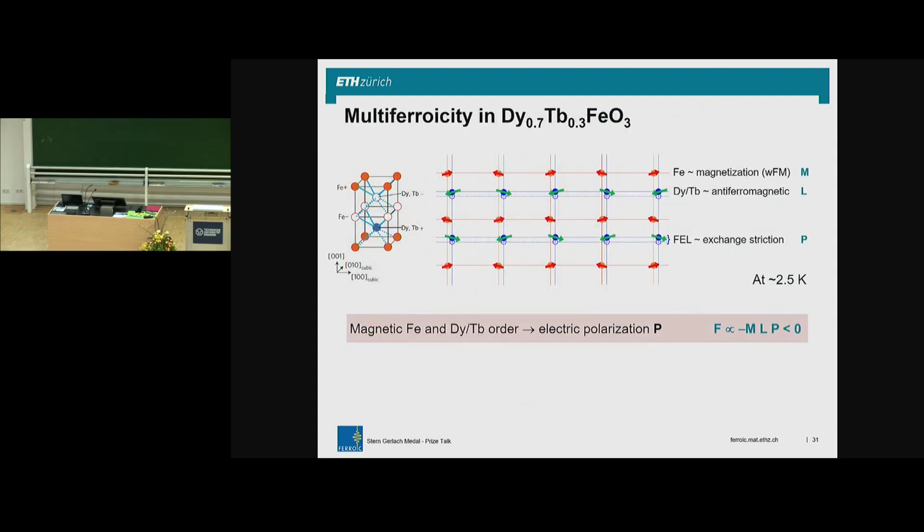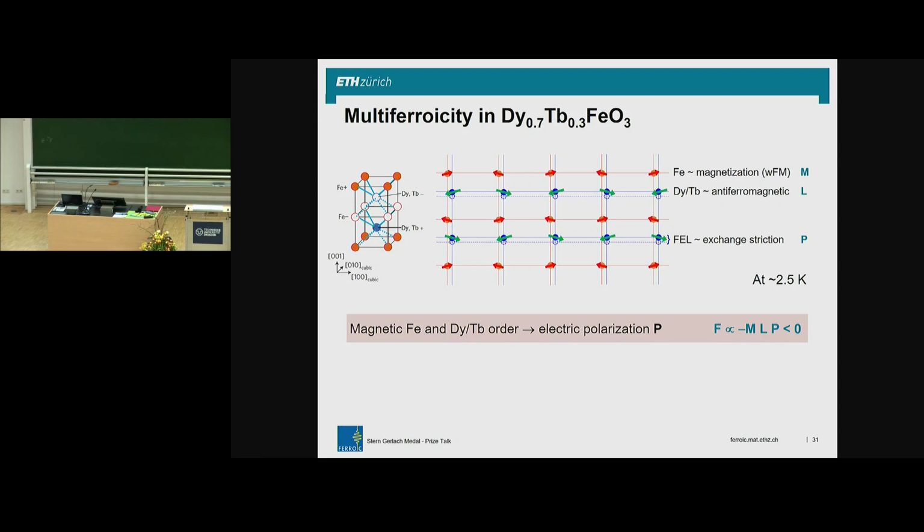Another example, dysprosium terbium ferrite. So here, the dysprosium, so this rare earth side, and the iron side together create an electric polarization through magnetostrictive effects. So you have a polarization, a magnetization, and the polarization created by the magnetization of the iron lattice and the antiferromagnetic order in the dysprosium terbium lattice. So a three order parameter kind of equation.